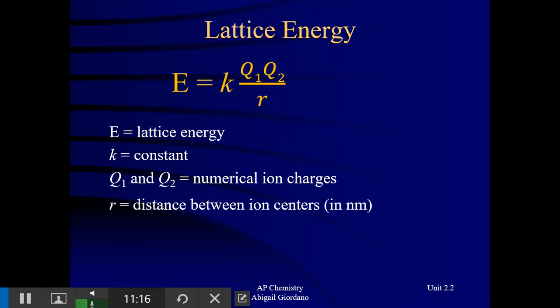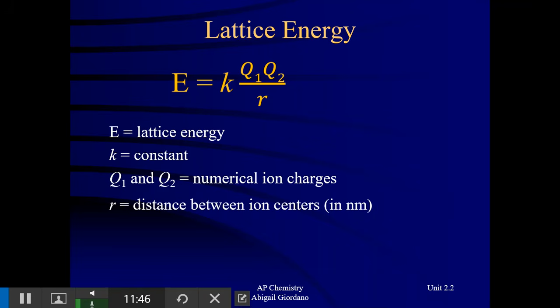Now I say this should look awfully familiar because it looks very similar to Coulomb's law. The only difference being that this distance here is not squared like it was in Coulomb's law. And Coulomb's law didn't measure energy, it measured a force of attraction. But guys, it's essentially the same concept. Don't get hung up in the equation because you're not going to be calculating anything.